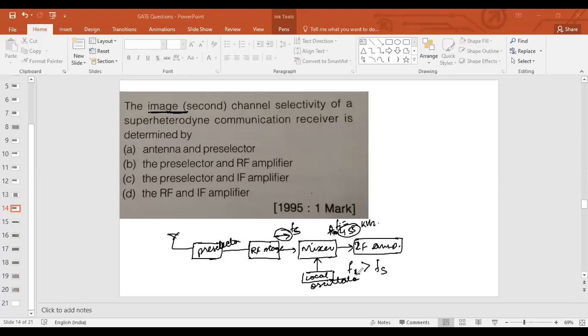So here the intermediate frequency we get is FL minus FS. This is the intermediate frequency, FIF.